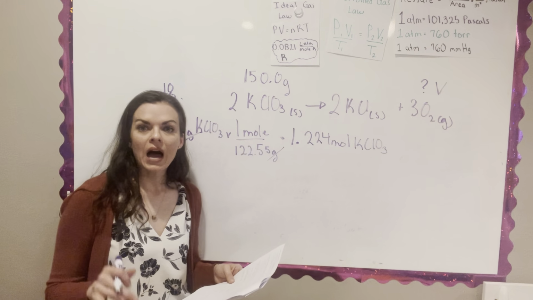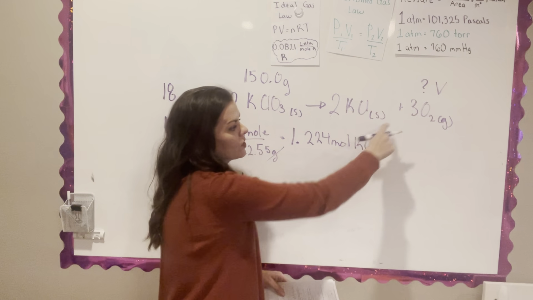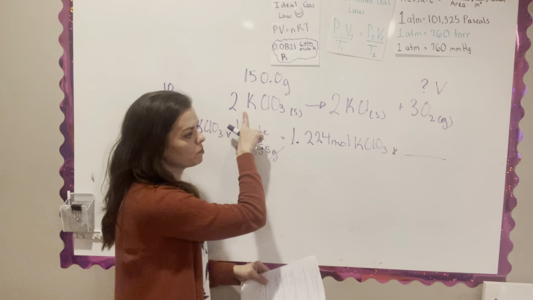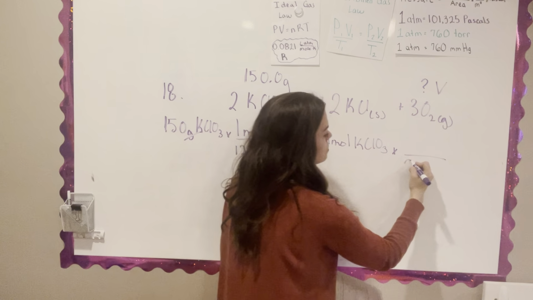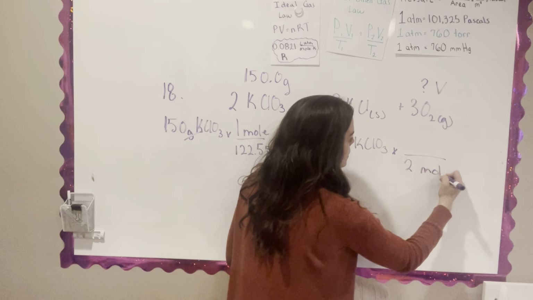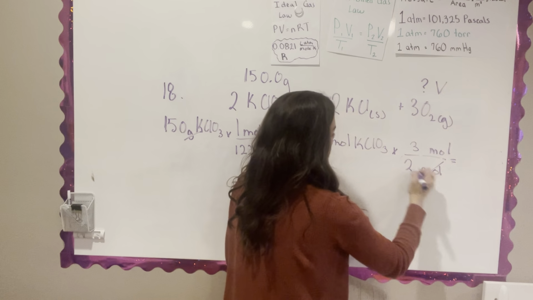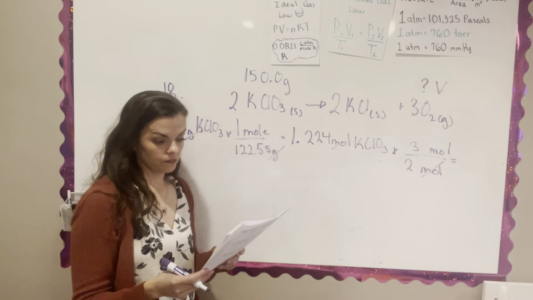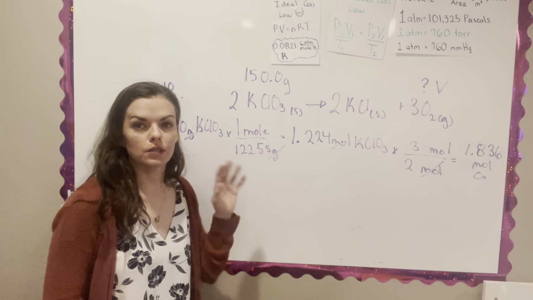Now remember, I'm not wanting moles of this, I'm wanting moles of oxygen. So using the coefficients from your balanced chemical equation, we put moles of KClO3 on the bottom and moles of oxygen on the top, and we're left with our answer in moles of oxygen. You should get 1.836 moles of oxygen.